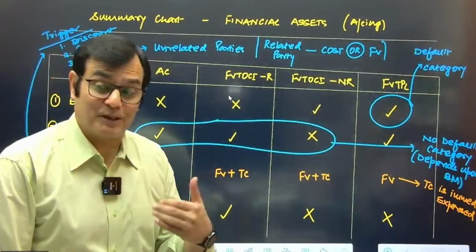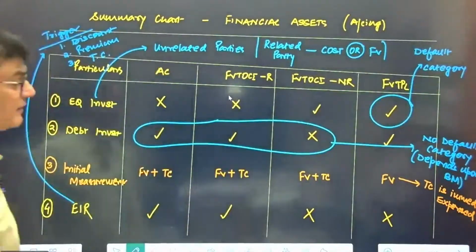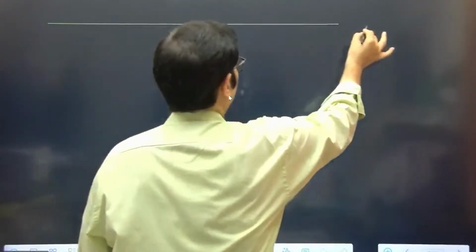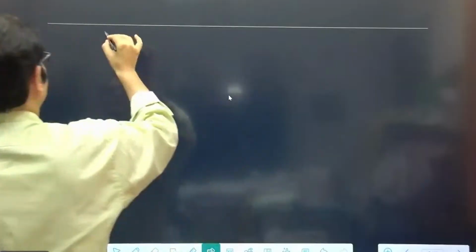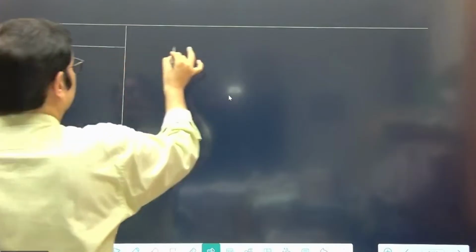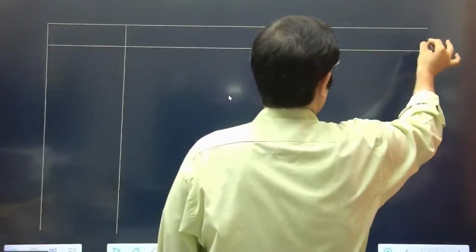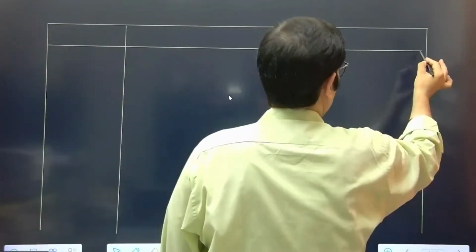Let's extend the particular chart now. So these are 4 elements. Let me continue with more elements in this chart, and we'll put some more elements which we have not discussed as well. But I think that will definitely connect us to some sections to be covered later.